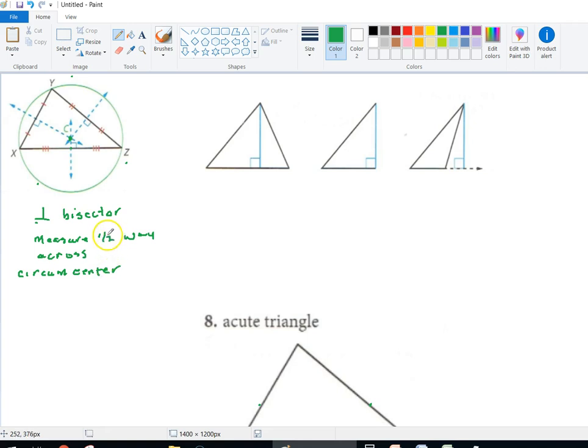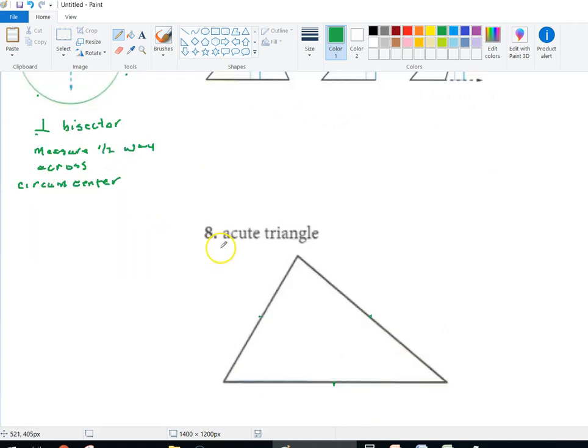Now, if you look at number 8 in your book, it says copy each triangle. Draw the perpendicular bisector of each side. So here's the triangle for number 8. You have 3 different ways you can copy. You can put your paper on top of it and just copy it through your paper.